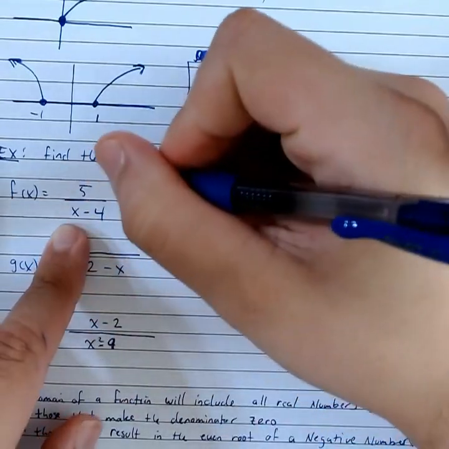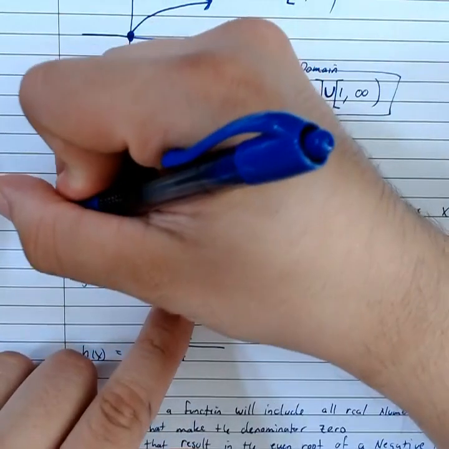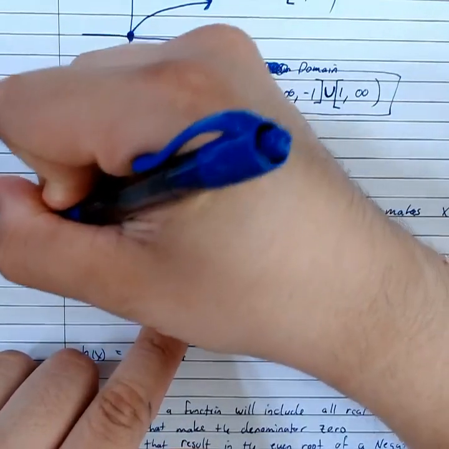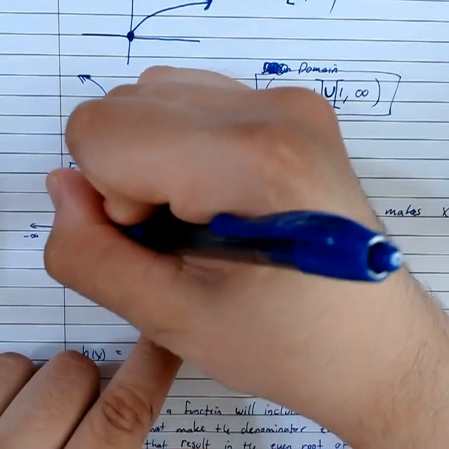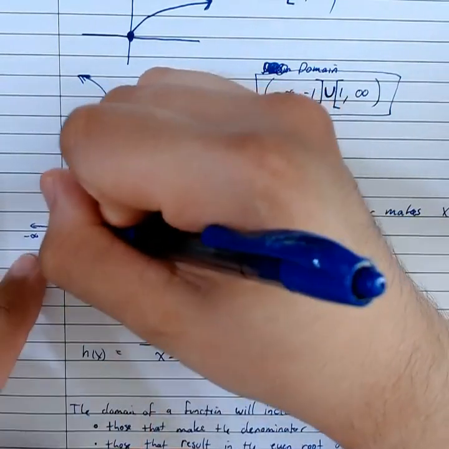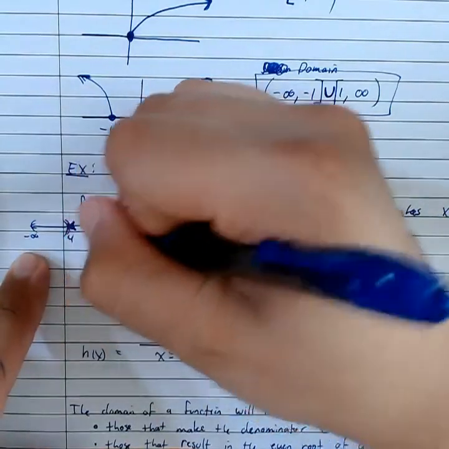My domain is, again, you can visualize the number line. Let's go ahead and do that over here. I can visualize the number line from negative infinity to infinity. I want every number except for the number 4. So that's going to be everything from negative infinity up to 4 and everything from 4 to infinity.